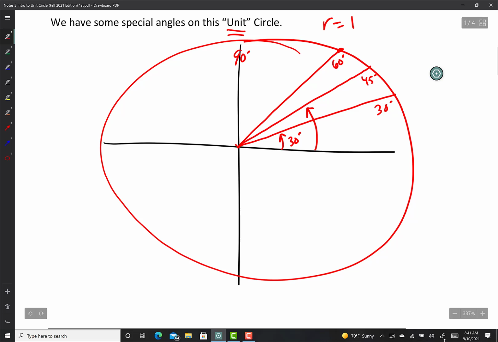So 90 plus 30 is 120. Then you do another 15, 135. Another 15, 150. And then there's your 180, which you guys already knew.